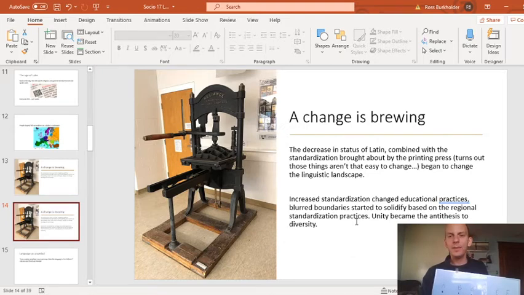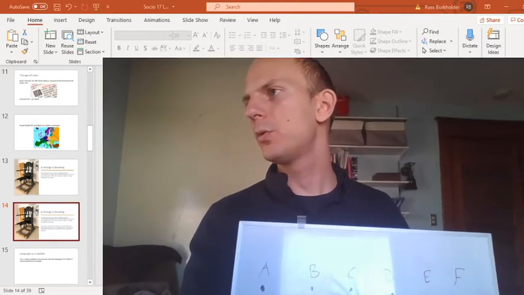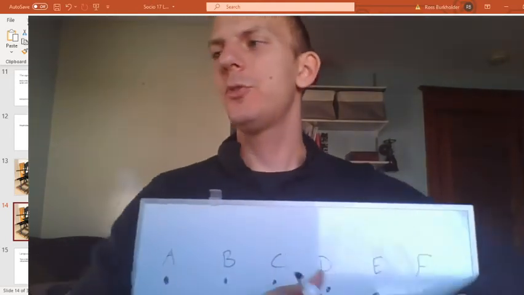And along with the printing, it changed the educational practices to be more standard as well. So again, points were essentially chosen. I'm going to blow myself up again here. Points were chosen, right?